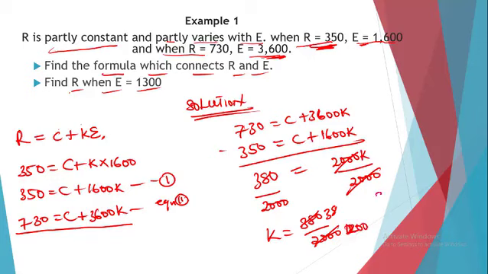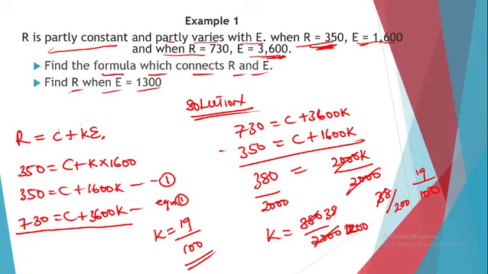Then we have 38 over 200. 2 can go into this. 38 divided by 2 will give us 19, and 200 divided by 2 will give us 100. So our K is equal to 19 over 100. That's one. We've gotten the value of K.